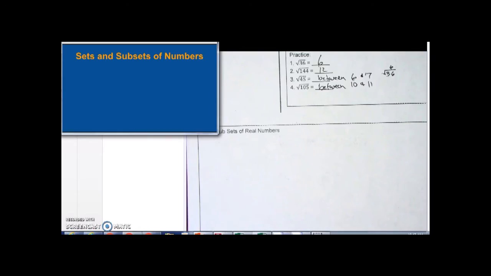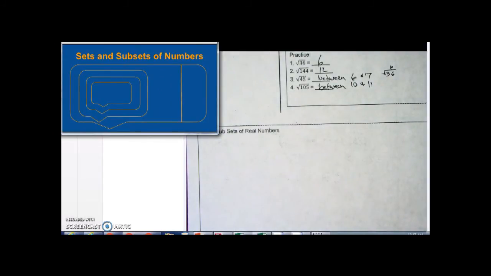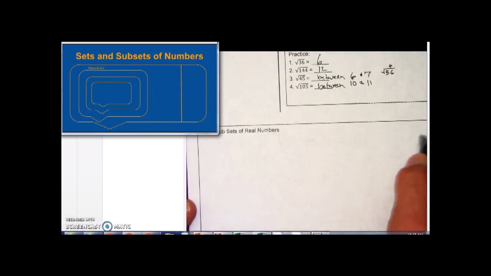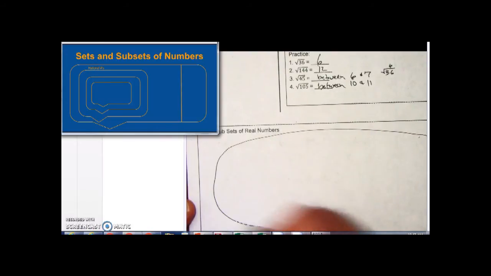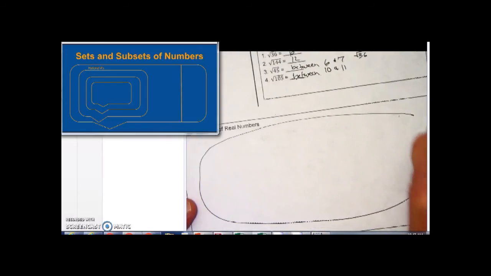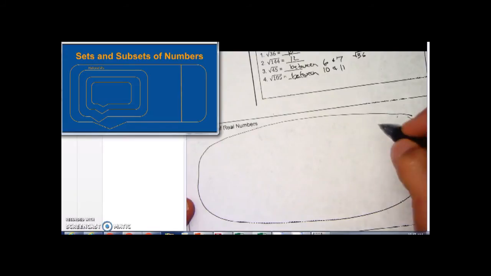Okay, let's move on to our sets and subsets section. This is from the vocabulary from last week. So, organizing all real numbers into a Venn diagram. Okay, so if you want to just draw a circle, these are all the real numbers.